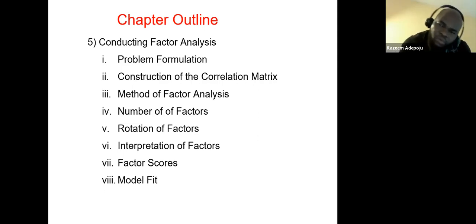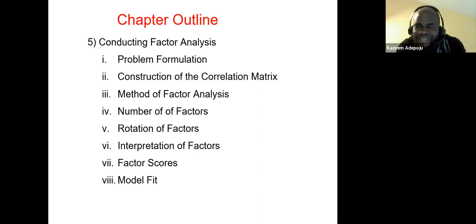And somebody will be wondering, why do I need a correlation matrix? Why not a variance covariance matrix? Let me confirm to you, more than 90% of researchers throughout the world prefer to use a correlation matrix in factor analysis. I'm going to say that again.